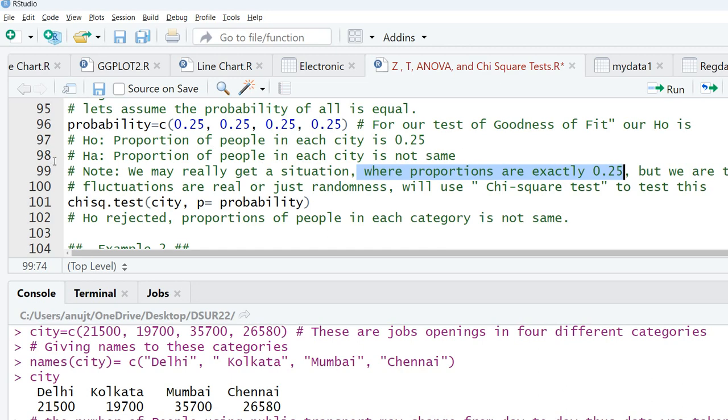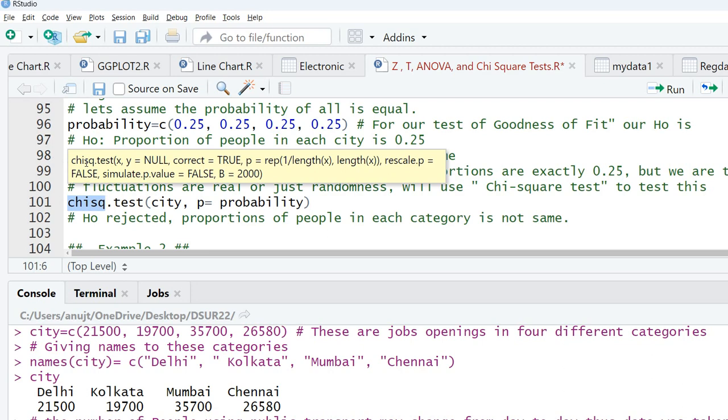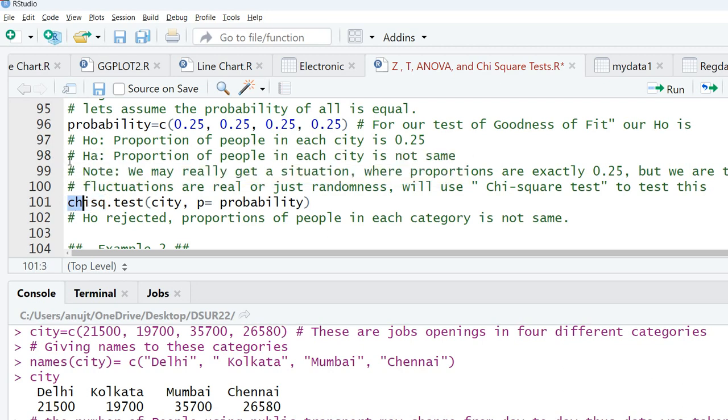So how to use the chi-square test? chisq.test. Now, on which data do I want to apply this test? This city, and I have given p equals the probability of all of them being equal, and I have provided 0.25, 0.25, 0.25 in the variable probability. So I have given the probability over here.